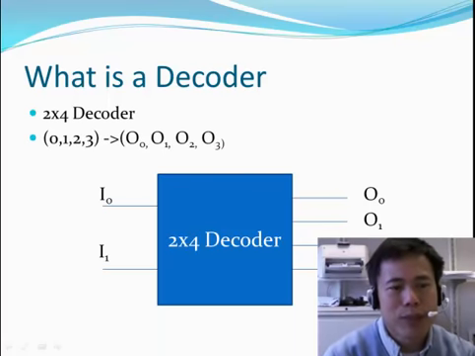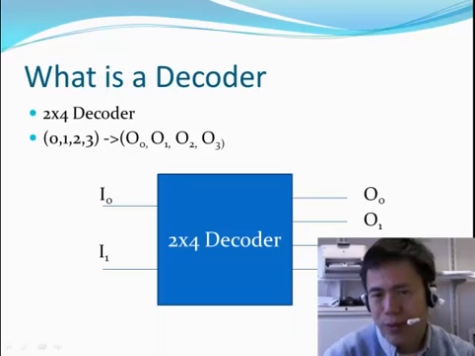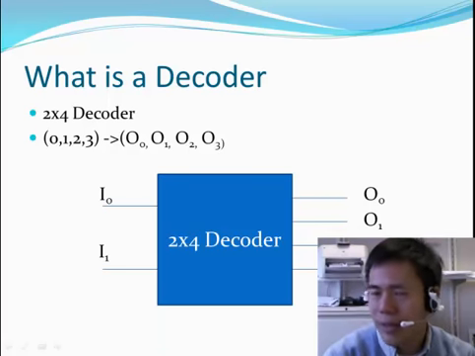And when the input is 0, both I0 and I1 are 0, then the O0 will be high. Okay, output 0, then O1, O2, O3 are 0. So only the O0 will be high when the input is 0. If the input is 2, that means I1 is 1, I0 is 0, okay, it's 2. Then the O2 will be high, and O1, O0, O3 will all be 0.